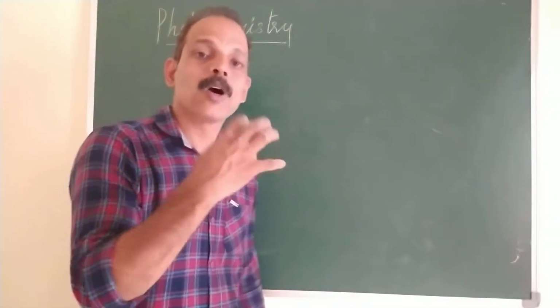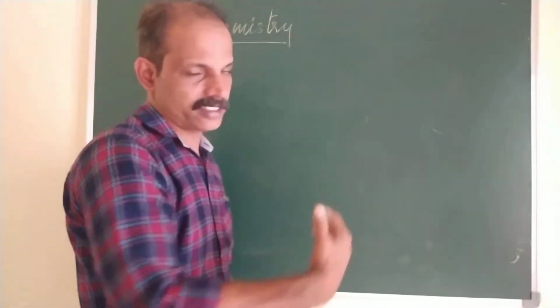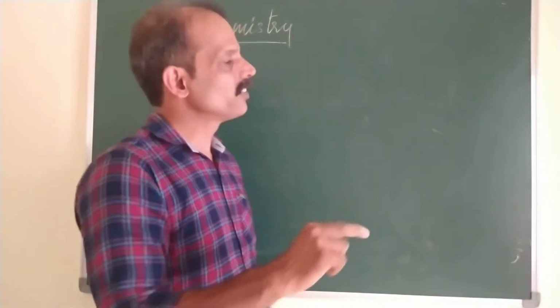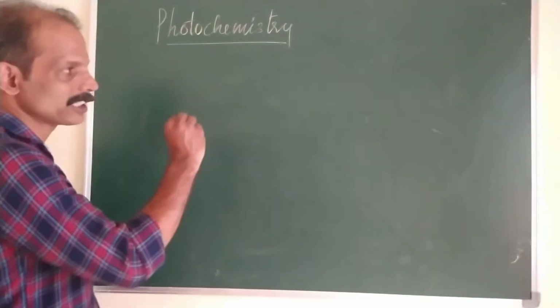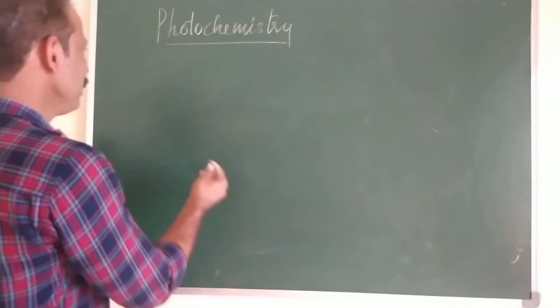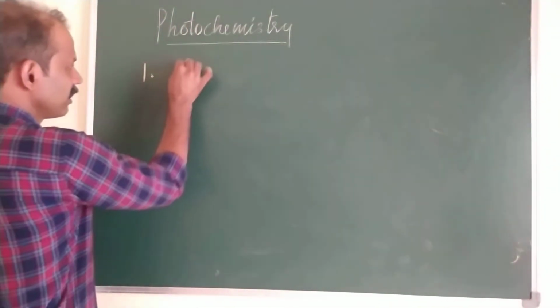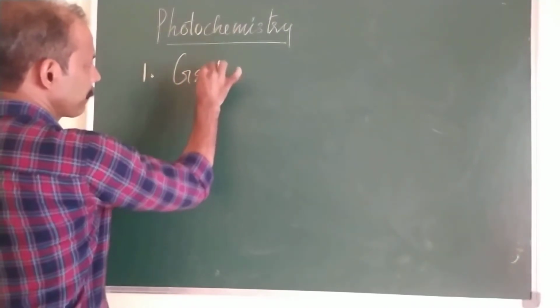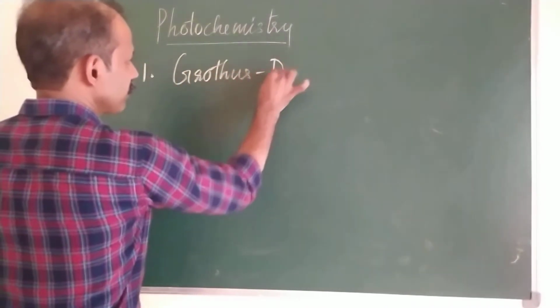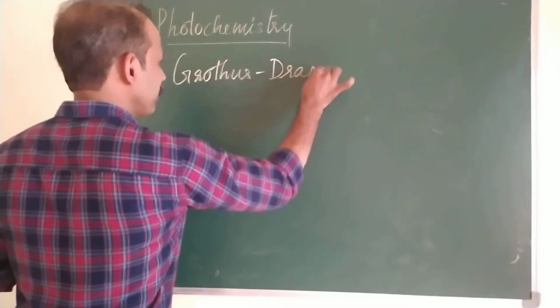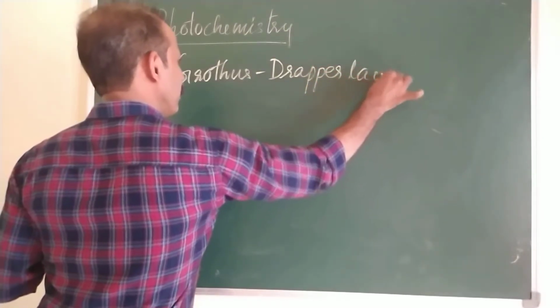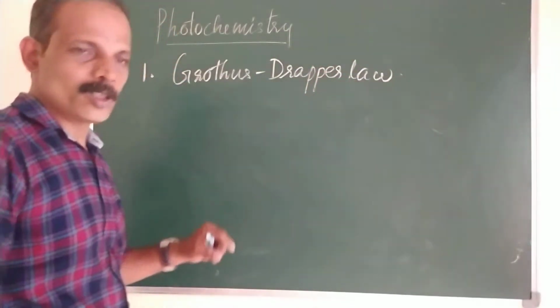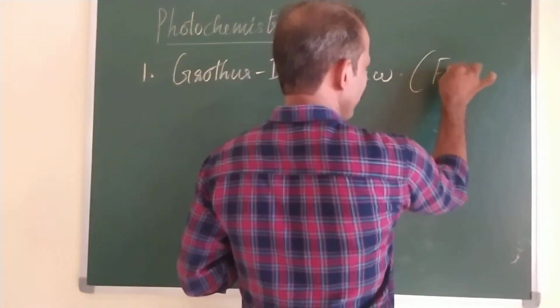So the laws governing the chemical changes, we have two laws which govern the chemical changes when a radiation passes through an absorbing medium. The first one is the Grotthus-Draper law. It is also known as the first law of photochemistry.